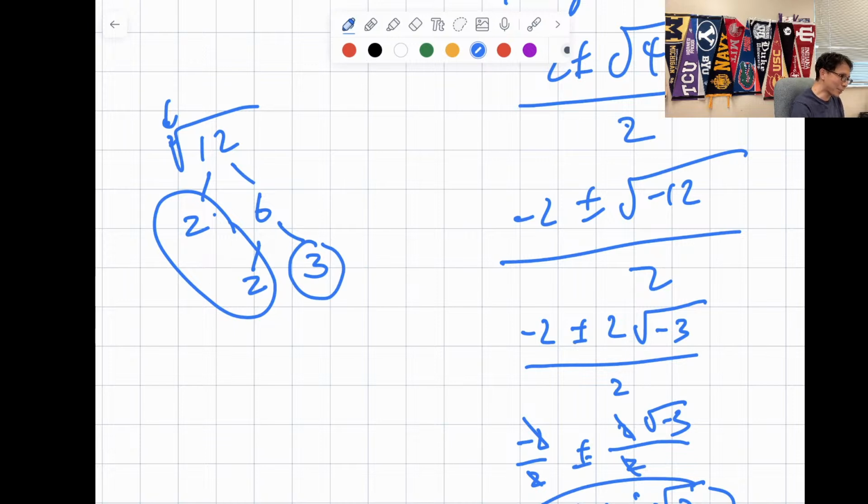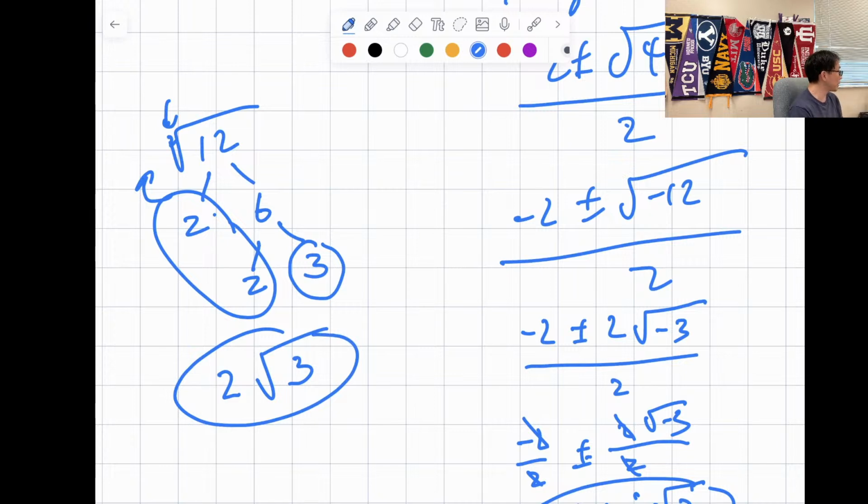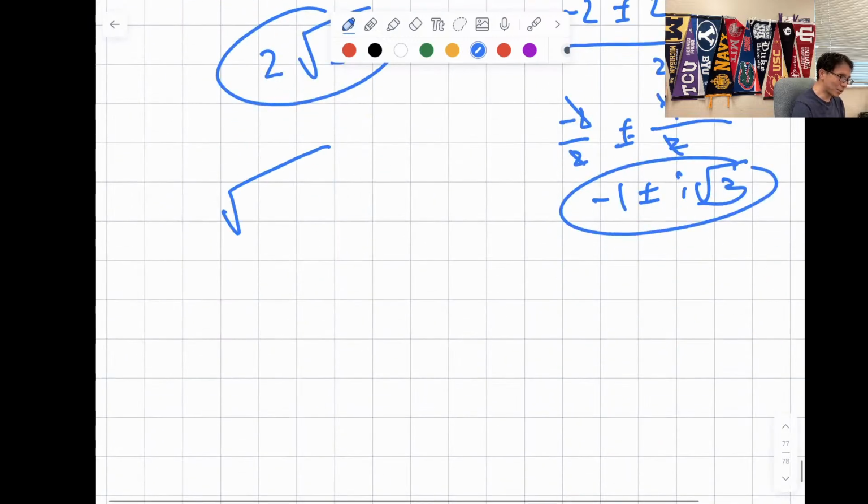You can try to escape the jail and the trap house, but one is going to get shot on the way out. So it'll be 2 to the third, 2 square root of 2, and that's how you simplify a radical. Does that make sense? Okay, let's try it. Square root of 50. Can you simplify this radical?